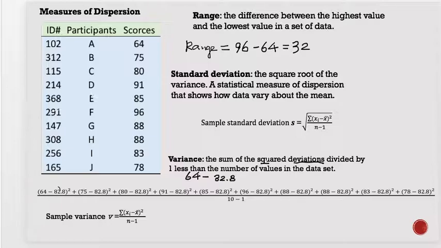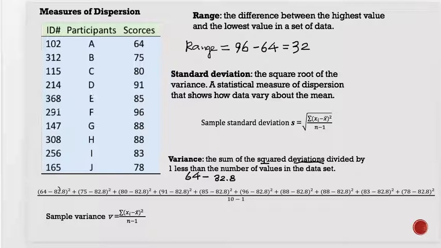We do minus 1 because we want to make sure the variance doesn't get underestimated.